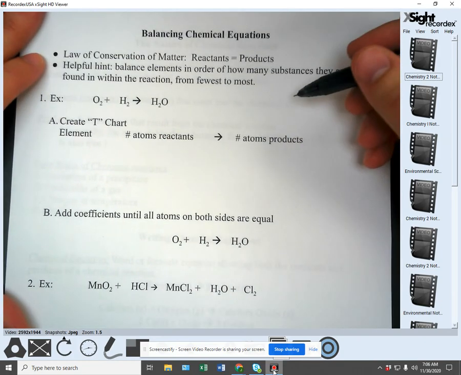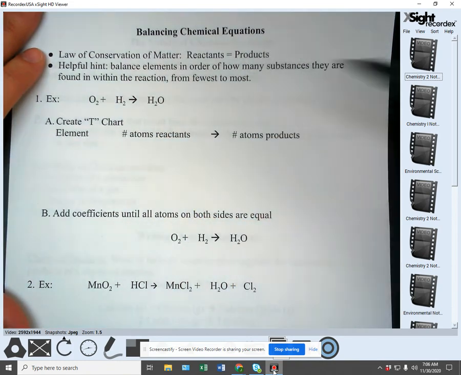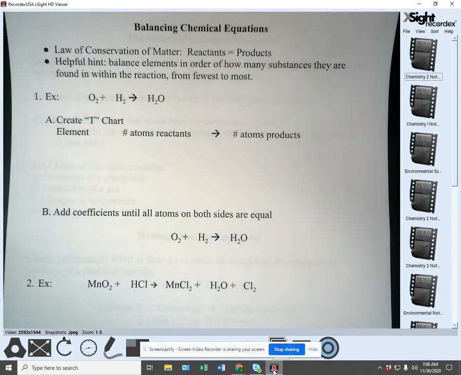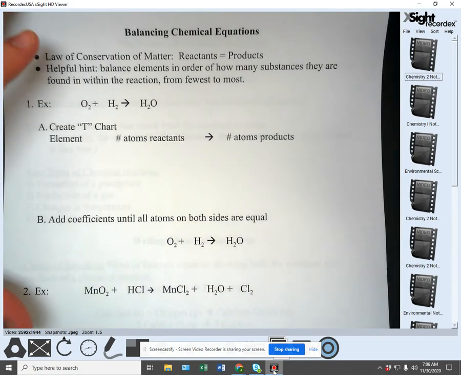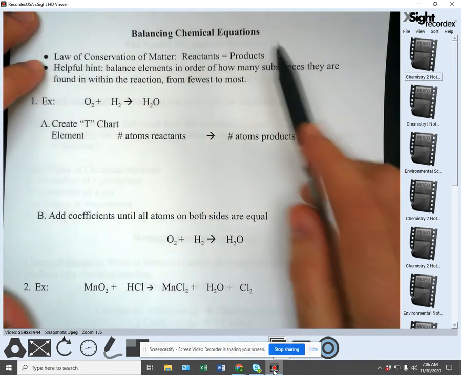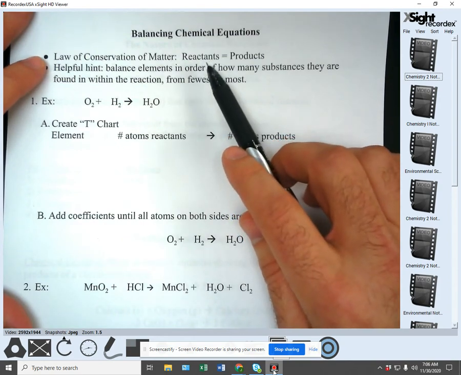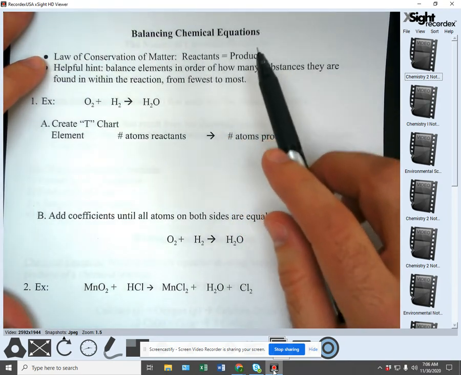So we have the law of conservation of matter. The law of conservation of matter says that in any chemical reaction, matter is neither created nor destroyed. It is only converted or changed in form. What this tells us is that everything we have on the reactant side of the equation must be there on the product side.